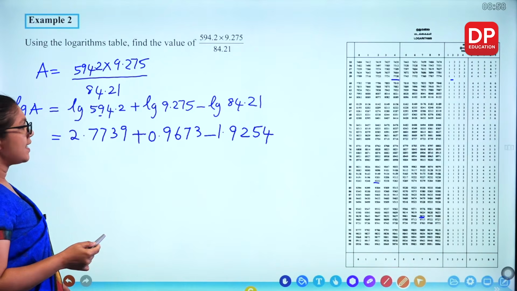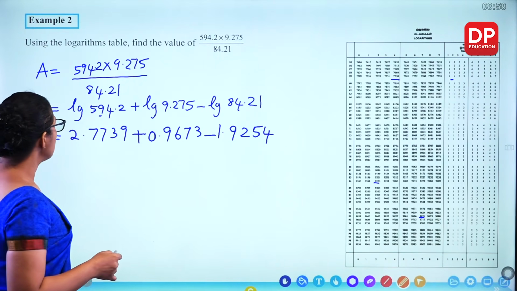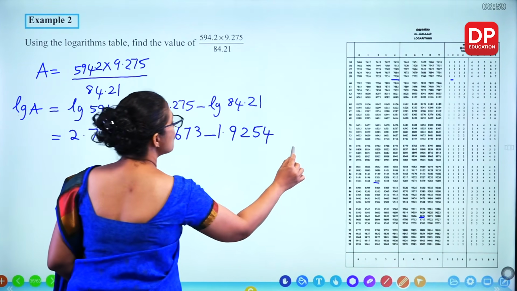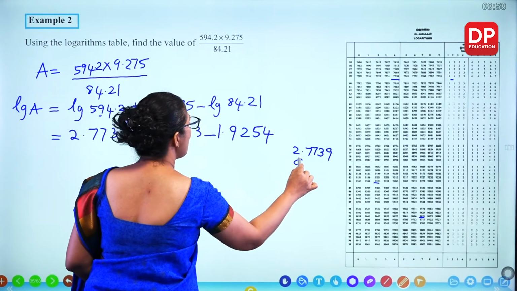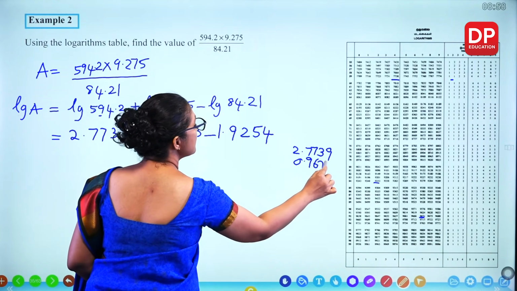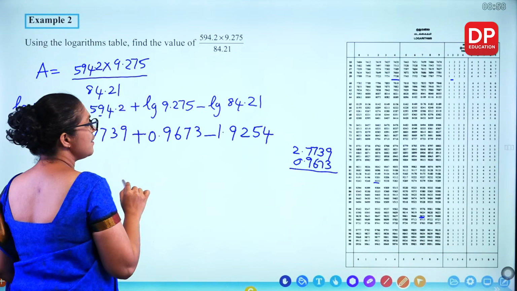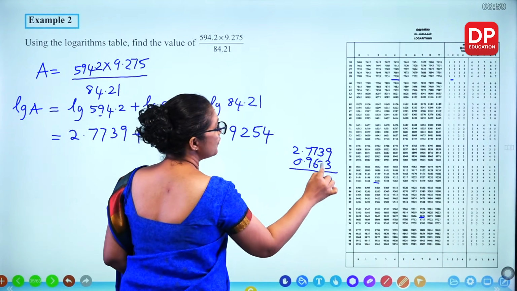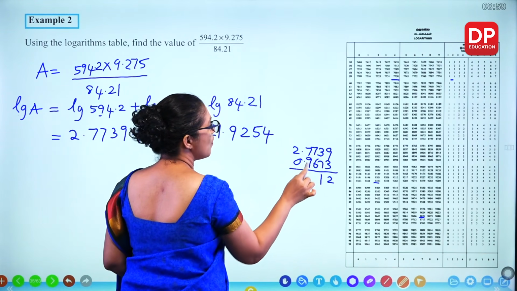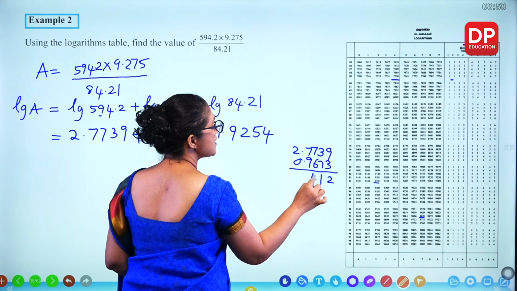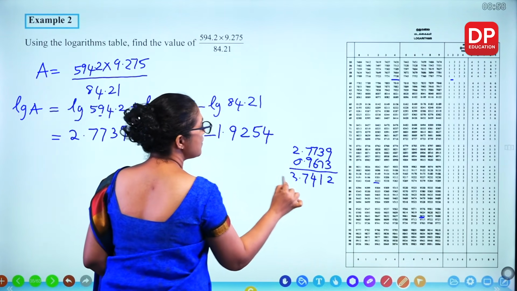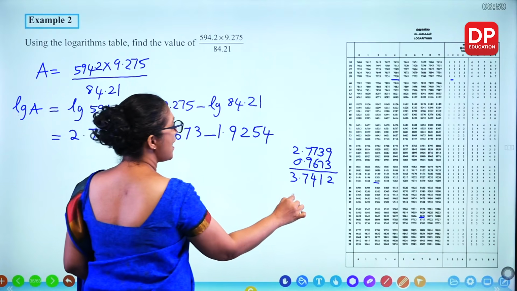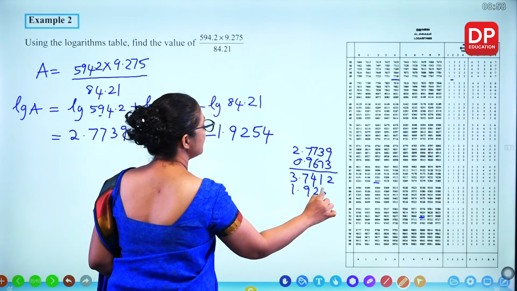Now we can add the logarithmic values. 2.7739 and 0.9673. Add them together. You get 1 remaining, 7 plus 7, 14, 1 remaining, 17 and 3. And then subtract this value.